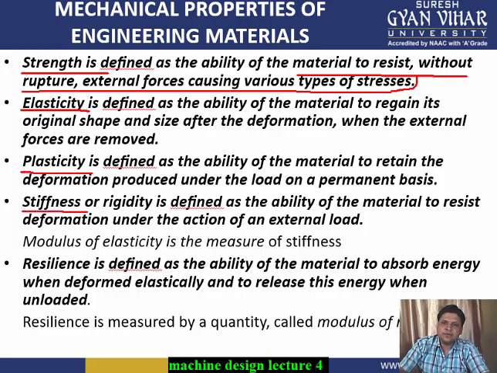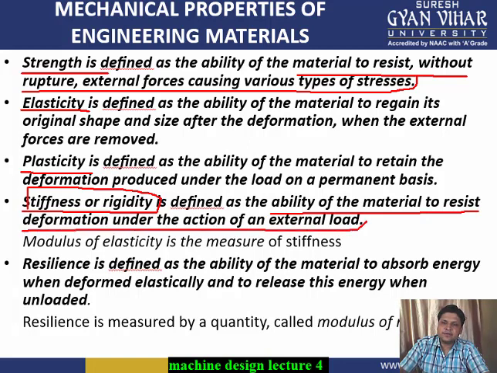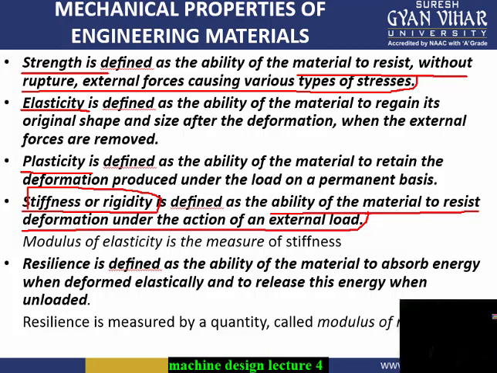Then comes the stiffness or rigidity. What is stiffness? Stiffness is the ability of a material to resist deformation under the action of external load. If a material resists deformation to a larger extent, then we say that the material is stiff, if the material does not bend.